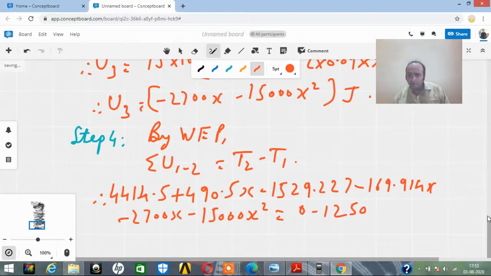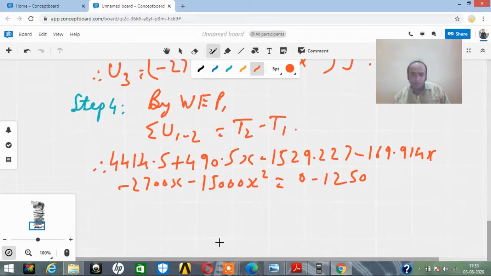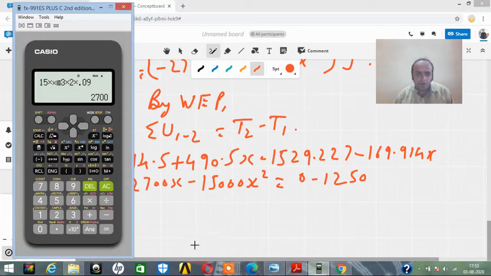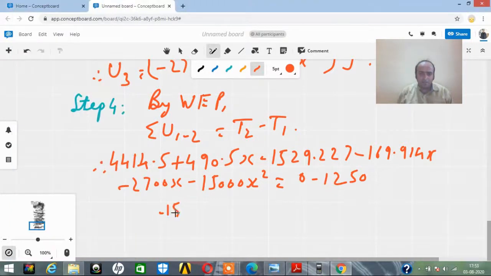Okay, so let's do the calculation and get the value of x. First of all, let us take all the coefficients one by one. Minus 15,000 x square is going to be as it is.